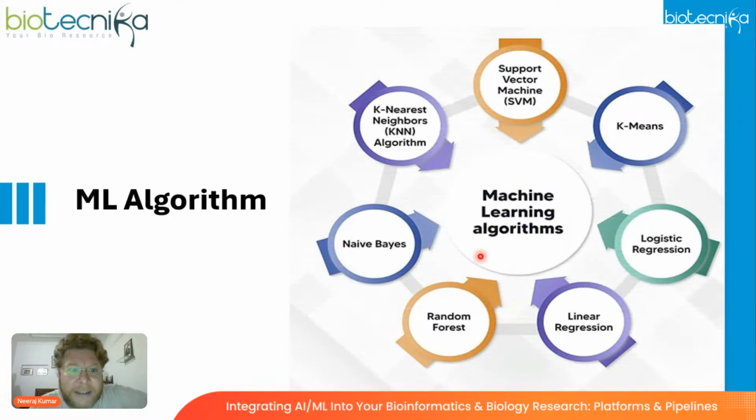So next, there are various machine learning algorithms which fall under supervised learning, unsupervised learning, as well as reinforcement learning. Okay, here the support vector machine is the first algorithm which falls under the supervised learning category.